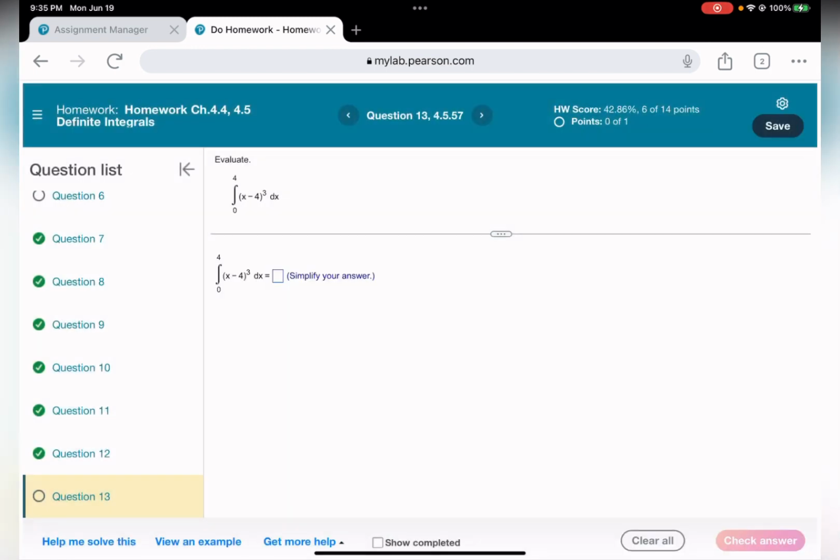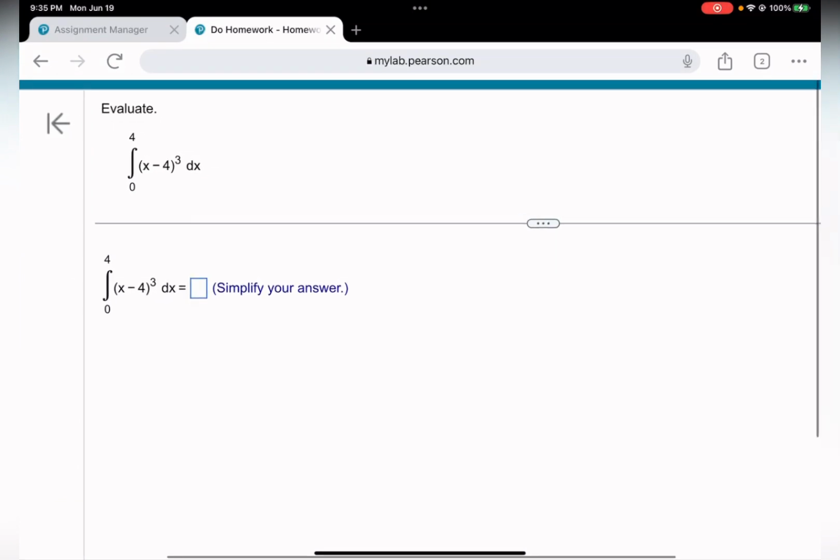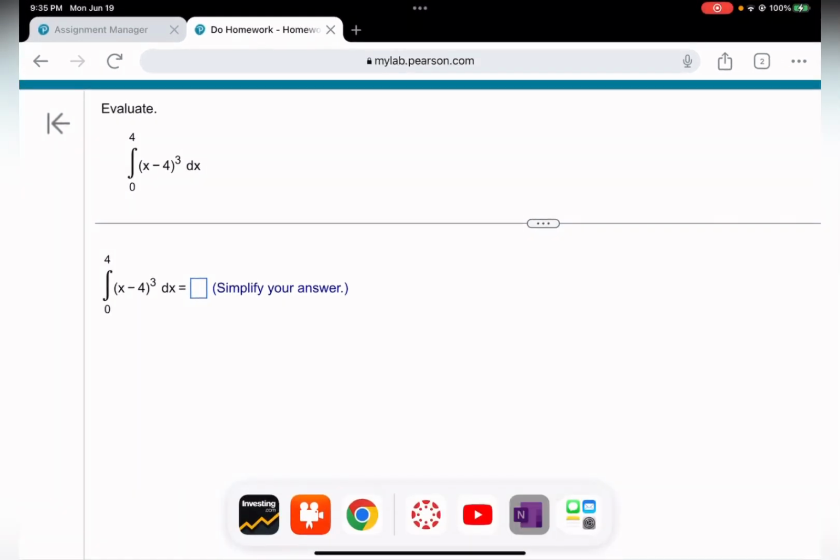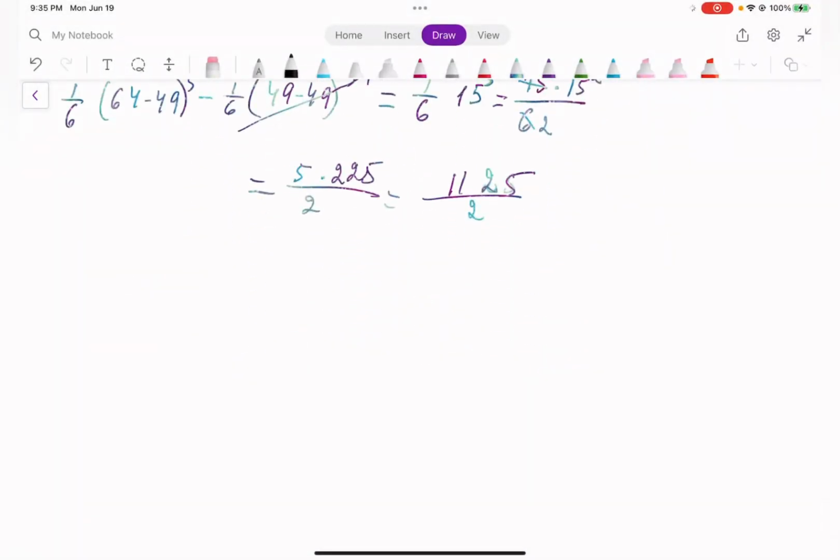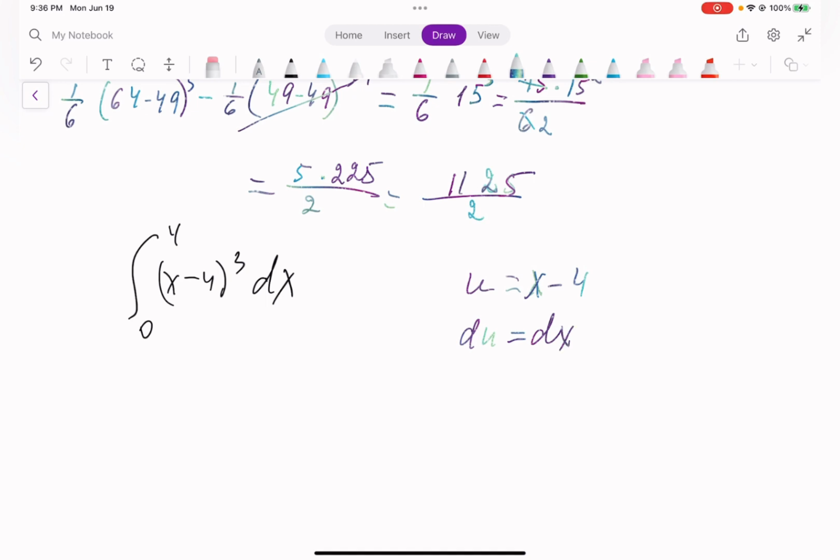Fantastic. Solving question number 13. What do we have? The integral of (x minus 4) cubed from 0 to 4 dx. So again, here we're going to do substitution, and that is going to be u equals x minus 4. Accordingly, once we take the derivative, du is going to be dx, right? The derivative of negative 4 is 0.